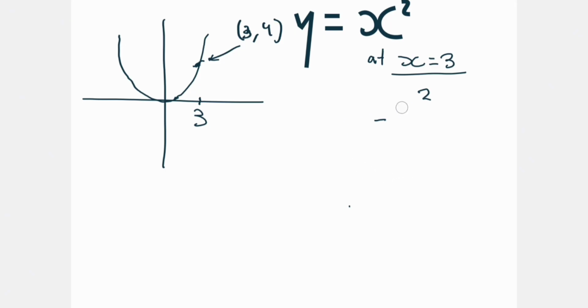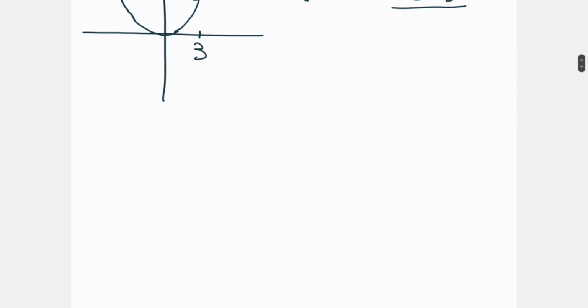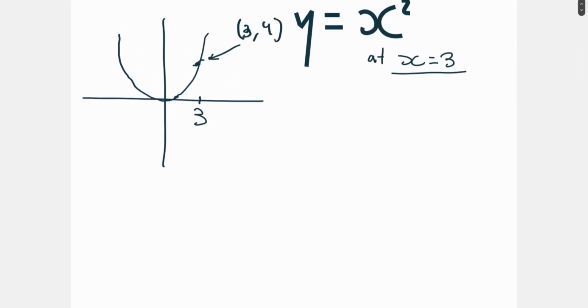Perfect. This is going to help us work out the equation for the tangent line. To do this, we are going to have to work out the derivative of f of x, or f prime of x.